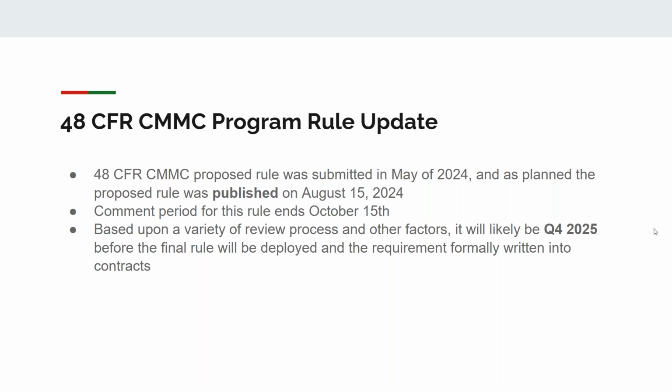We could see it as early as going final in Q1 of 2025. It needs to be seen. And one of the biggest things, of course, to emphasize is that this has been the CMMC program, because of course we're having an administration change or administration return to previous administration.